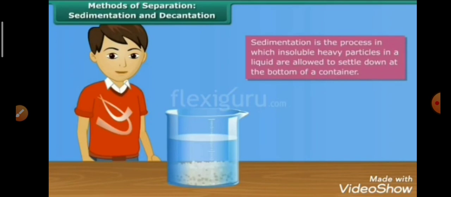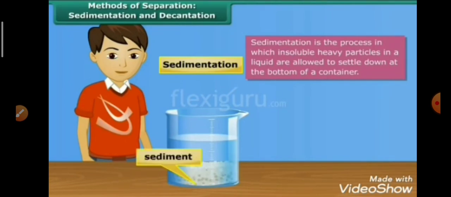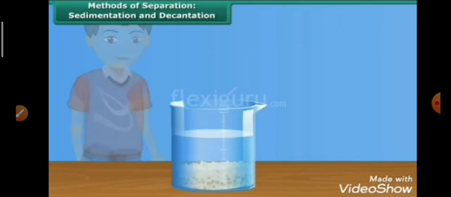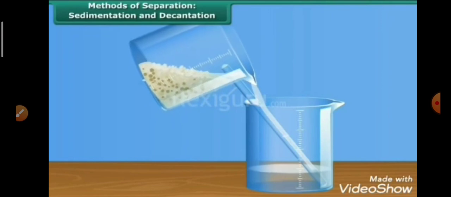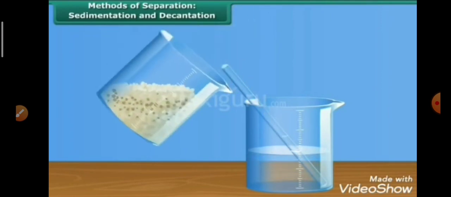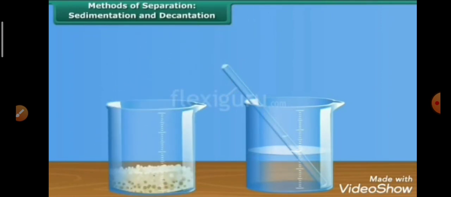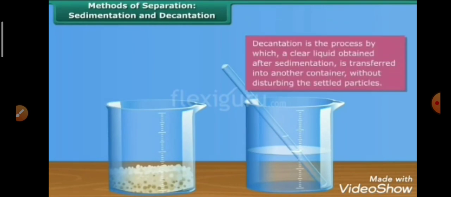This process of settling down of heavy insoluble particles at the bottom of the beaker when left undisturbed is called sedimentation. The layer of mud is called sediment. Ram then separated the upper layer of water by gently pouring it into another beaker without disturbing the sediment. This process of separation of clear liquid without disturbing the sediment is called decantation.